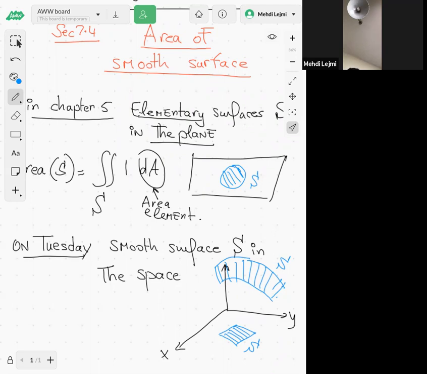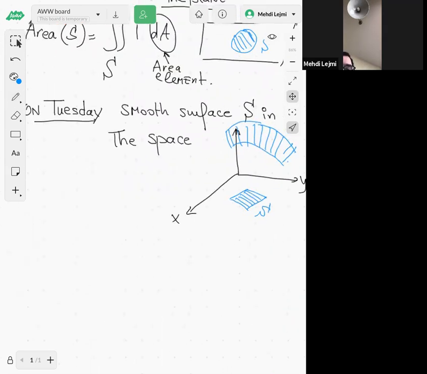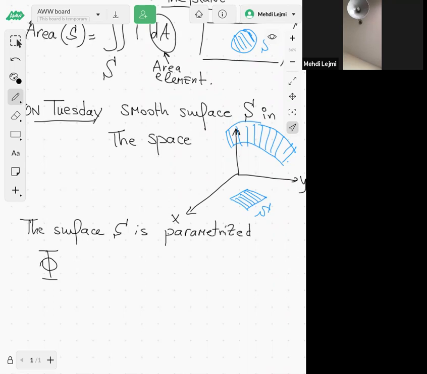I think we had one example, but let me first remind you of the formula and how it works. We said we need the parameterization phi. Let's say the surface S is parameterized by phi.